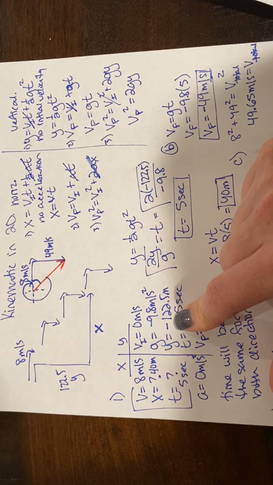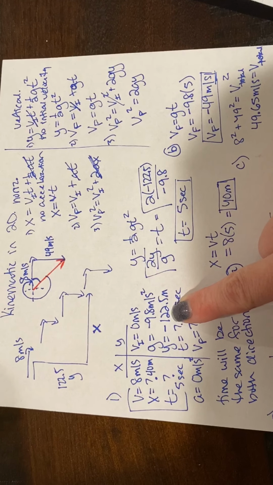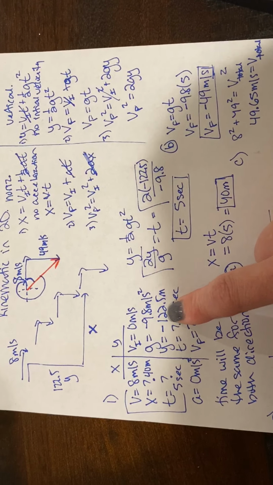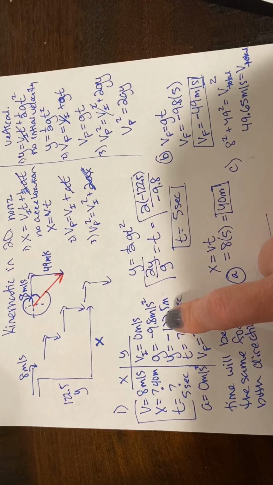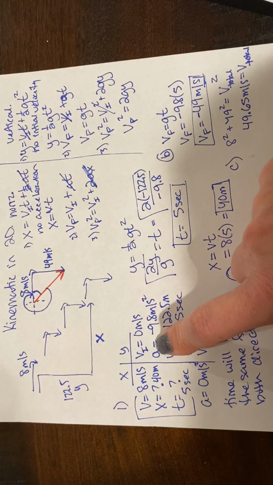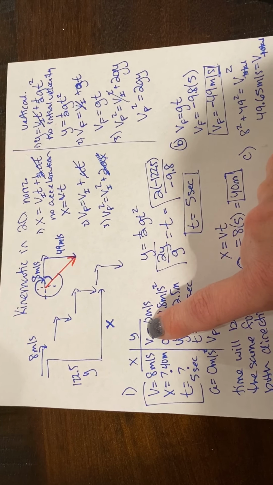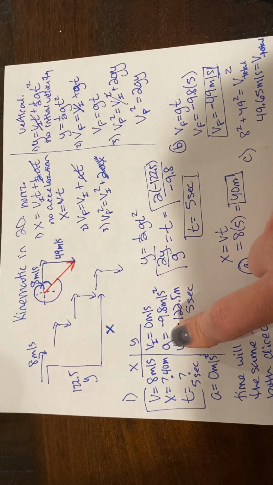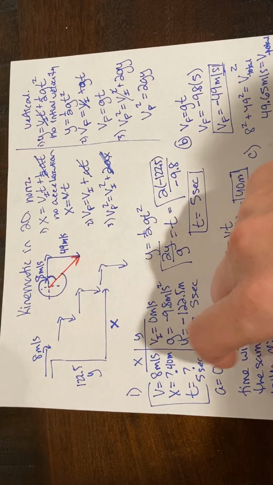Your displacement here, I went from a higher position to a lower position, so my displacement's going to be negative. These were given to me in the word problem, well, just this one. But we can always rely on our acceleration being negative 9.8 and our initial velocity being 0 for a horizontal launch scenario. This is very similar to an object being dropped in one-dimensional motion.